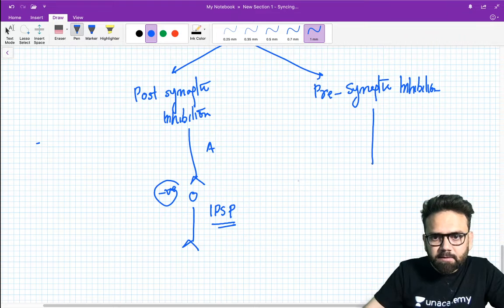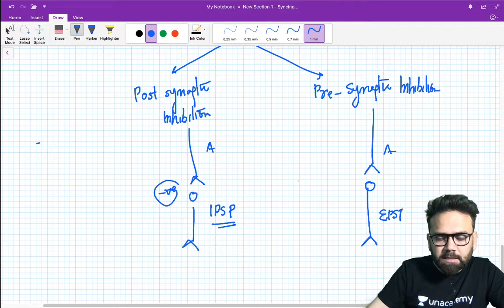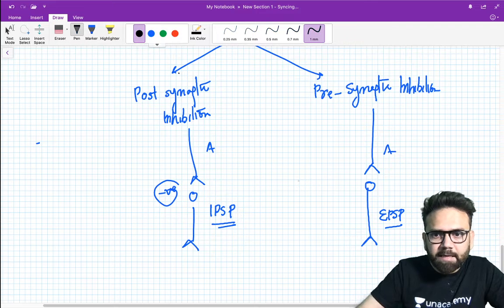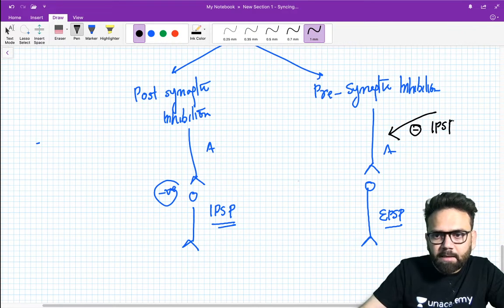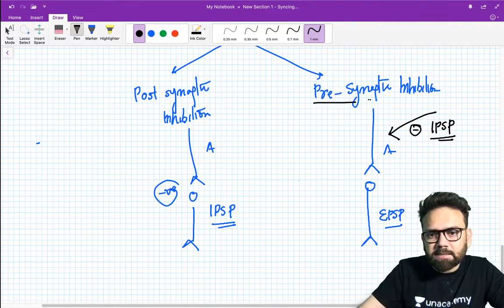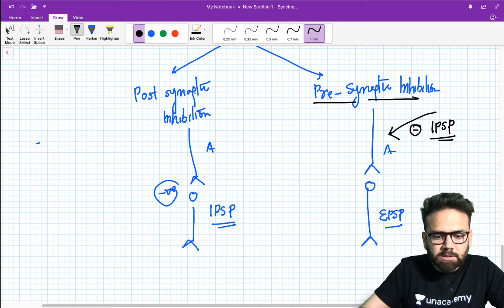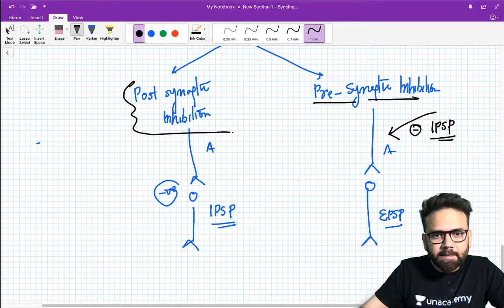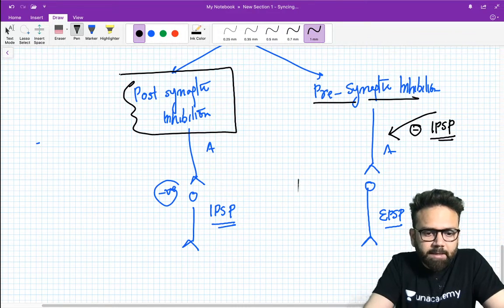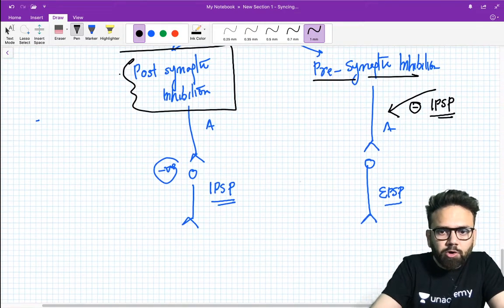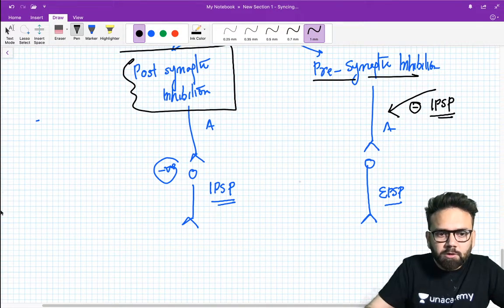Presynaptic is like this: A causes EPSP, but it can be inhibited presynaptically like this, it can cause IPSP. So this is presynaptic inhibition, and the other is postsynaptic inhibition. Is this clear? Now you should know at least one example of both.